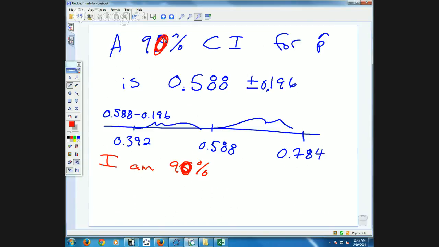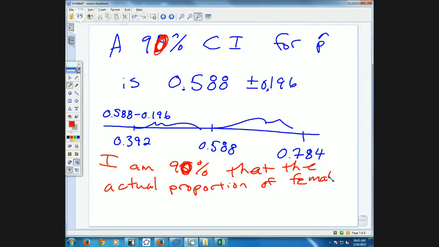So I am 90% confident that the actual proportion of females is between 39.2%. Right? My mother would like that better than 0.392. And 78.4%. That's right.